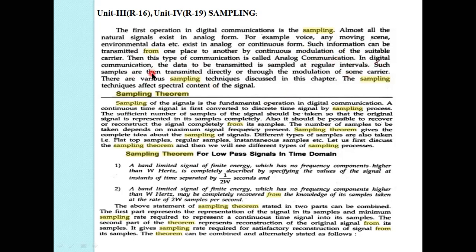In digital communication, the data to be transmitted is sampled at regular intervals. This is a very important matter, students. Whenever you are converting the analog data to the digital data, you have to sample at regular intervals.